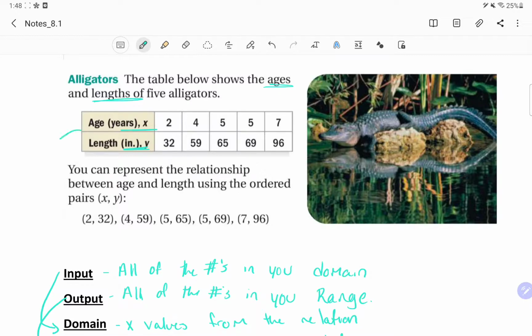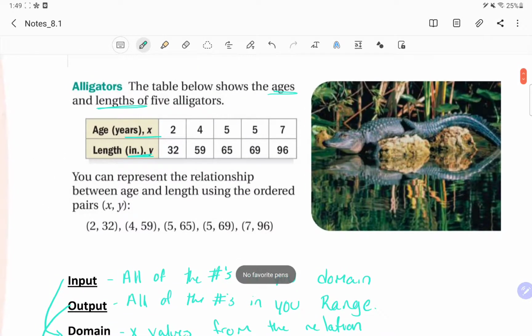So what they did is they took this and they wrote them as ordered pairs. So you have 2 as your x, and that 2 paired up with the length of 32. And then 4 was my x, so 4 years paired up with 59, and so on and so forth to get your ordered pairs.